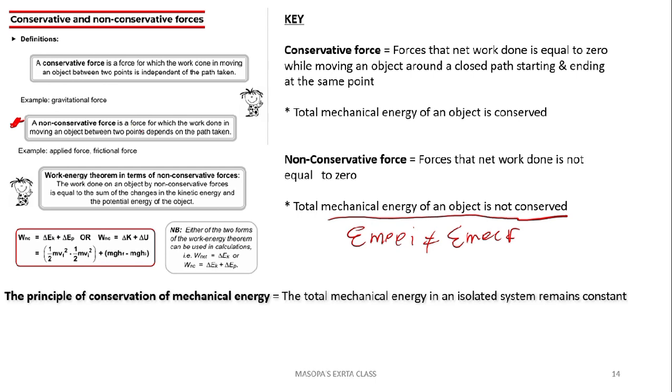The definition says it is a force for which the work done in moving an object between 2 points depends on the path taken. Examples of non-conservative forces are applied force, frictional force, tension, and resistance.